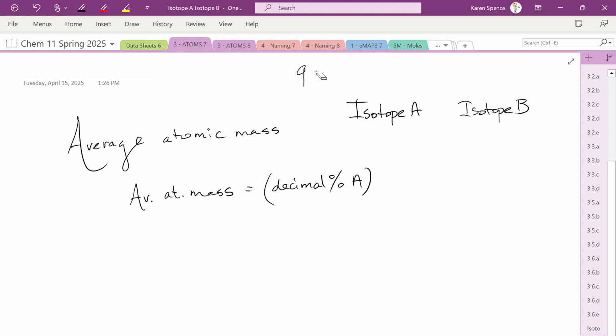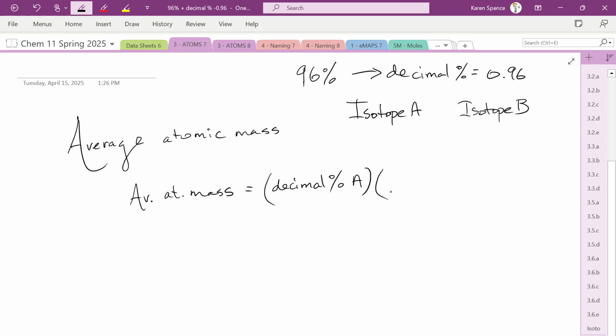I'm going to take the decimal percent of isotope A. And so if I had 96%, the decimal percent is 0.96. Yeah? That's how decimal percents work. Yes? Okay.